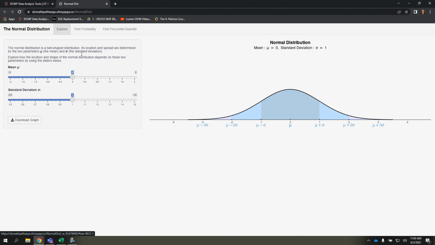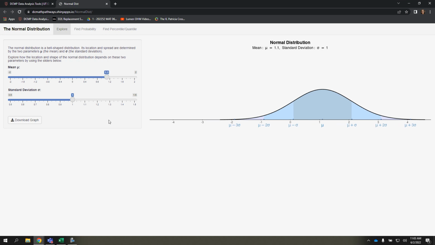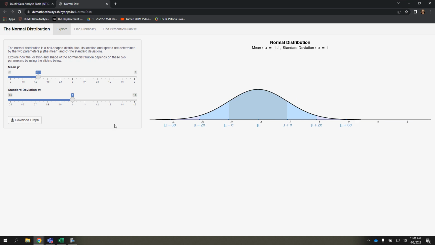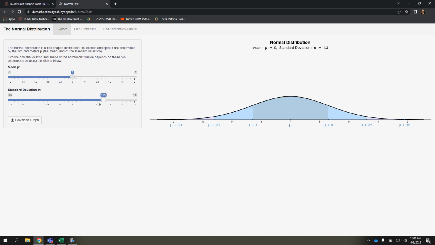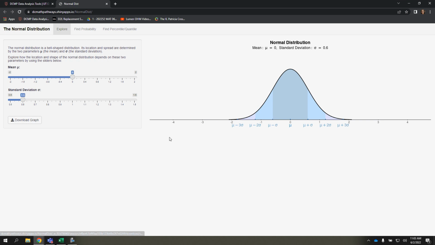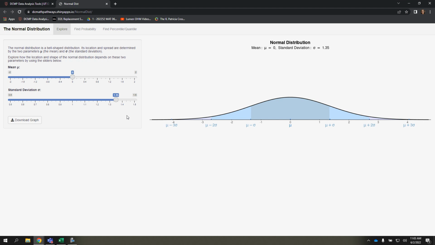So under Explore, I'm just going to play around with this and show you what happens if we move these sliders. So this allows us to shift the mean around. And then you can see, if we also shift our standard deviation, how the graph changes a little bit. So let me go ahead and leave the mean at 0 and just modify the standard deviation. So you can see that it either perks up or the normal distribution kind of flattens out.